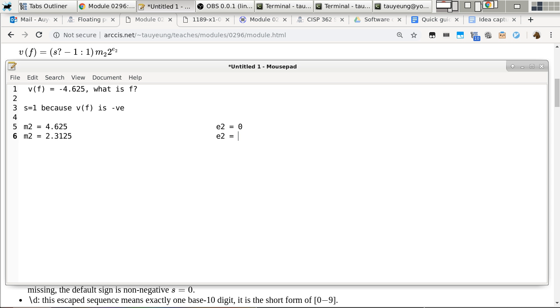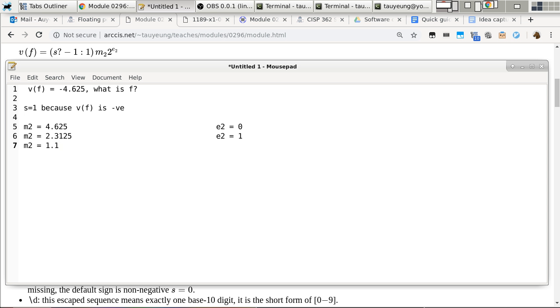Okay. So are we still convinced that using this pair of M2 and E2, we really get the same value back? We're just playing with numbers here. Is that okay? All right. But M2 is still not meeting that requirement, so that means I'm going to have to divide it one more time. M2 is going to be 1.